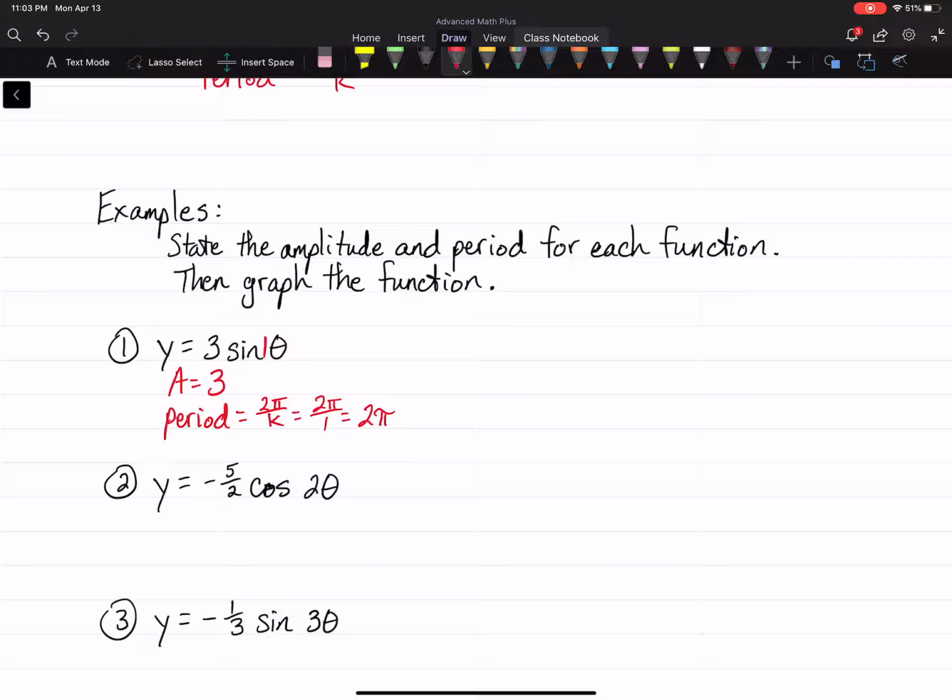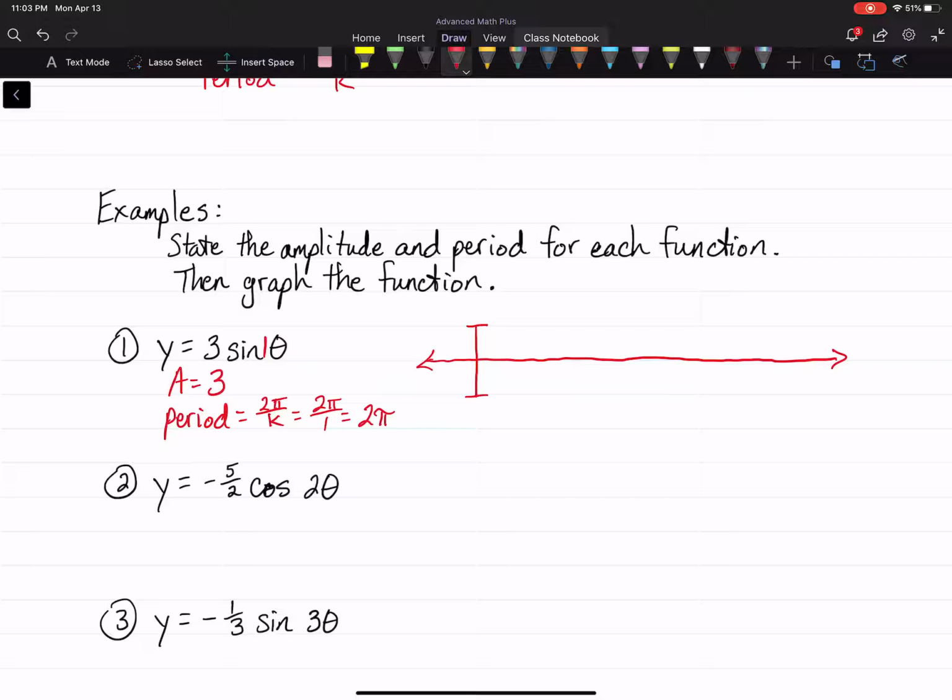And then it says to graph the function. So I'm going to graph it right here. And I'm just going to go 2 wavelengths. I don't like how not straight that line is, so let me try that one again. It's a little better.